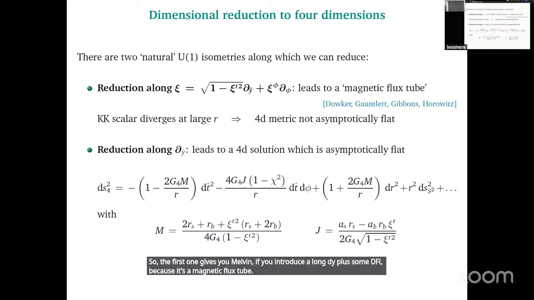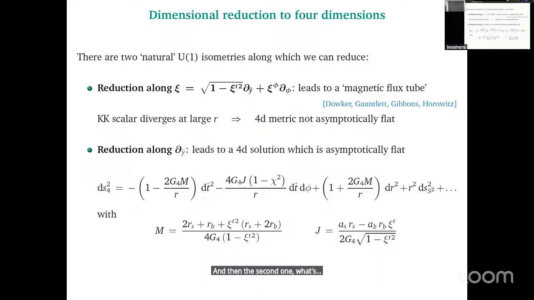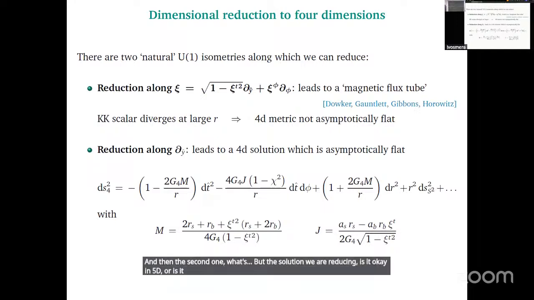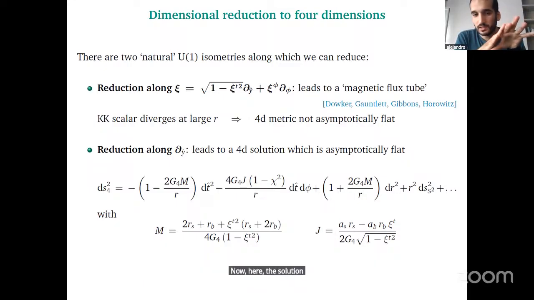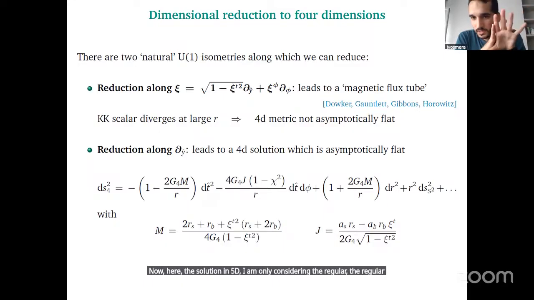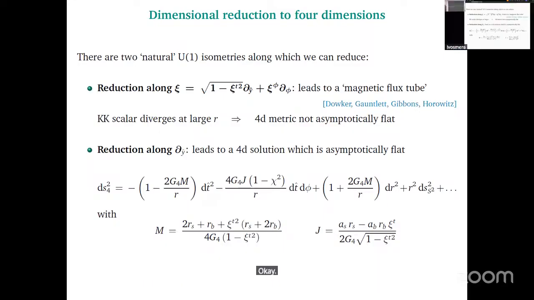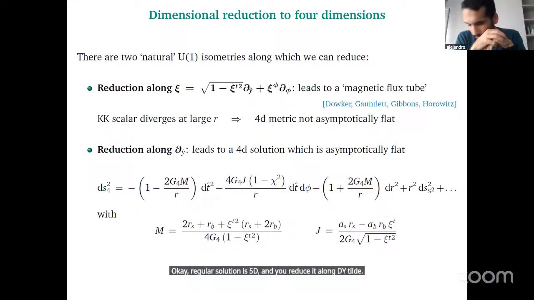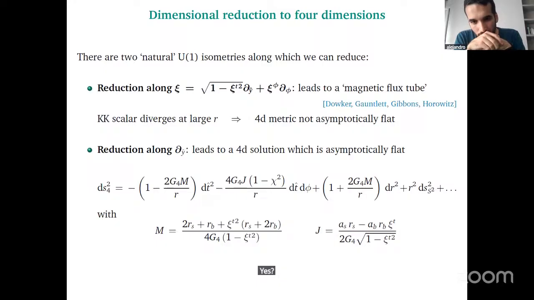And then the second one, the solution we are reducing, is it okay in 5D or does it have a conical axis? I just want to know. Now here the solution in 5D, I am only considering the regular one. So it's a regular solution in 5D and you reduce it along dy tilde. Yes. What's the problem? I just want to know.